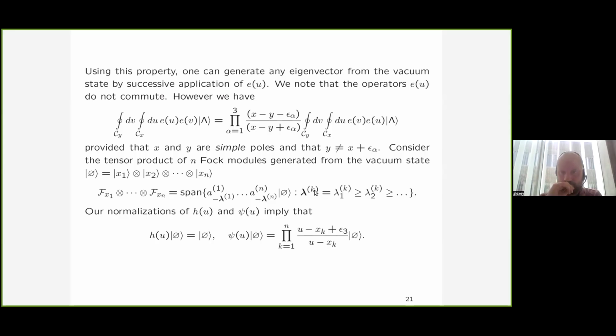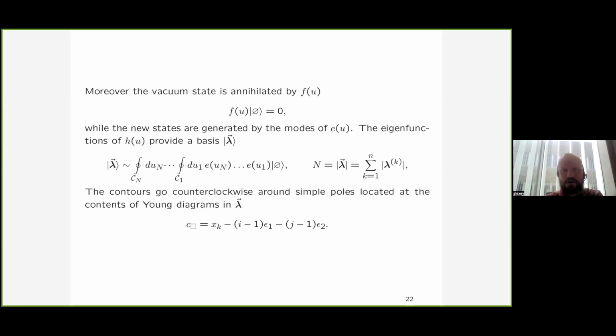And the only ingredient I need is how my Cartan subalgebra acts on the highest weight. My highest weight, by definition, has h acting on it by x, and psi of x is this rational function. It can be computed. Let me skip this part. So once I know this, I can immediately construct the eigenstate. I call it lambda vector, where vector means a tuple of n partitions.